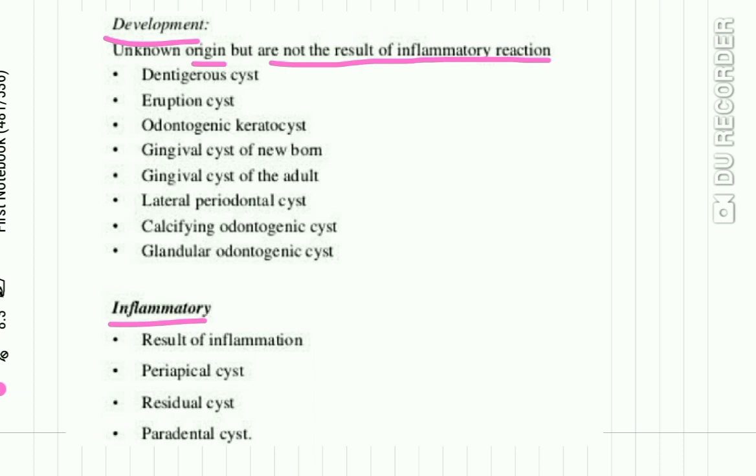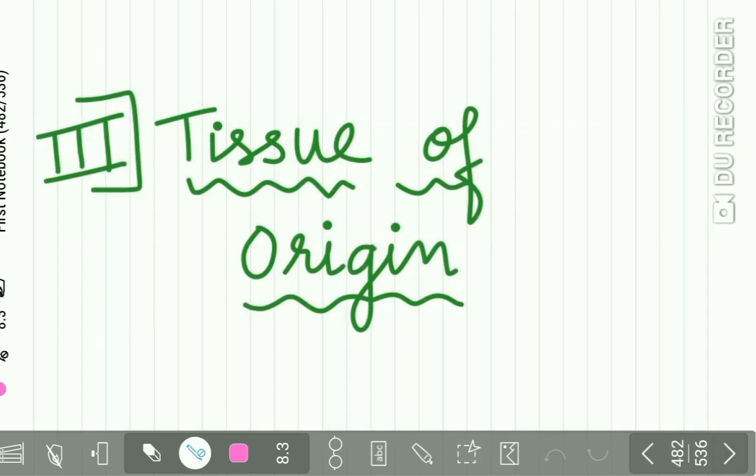The developmental cysts include dentigerous cyst, eruption cyst, odontogenic keratocyst, gingival cyst of newborn, gingival cyst of adults, lateral periodontal cyst, calcifying odontogenic cyst, and the glandular odontogenic cyst. While the inflammatory cyst includes periapical cyst, residual cyst, and paradental cyst; these cysts arise as a result of inflammation.